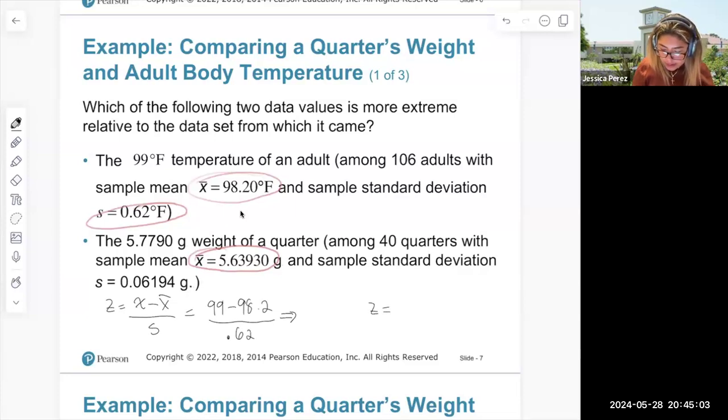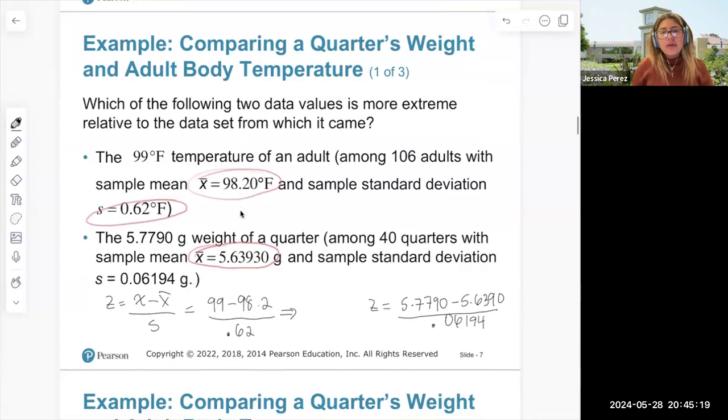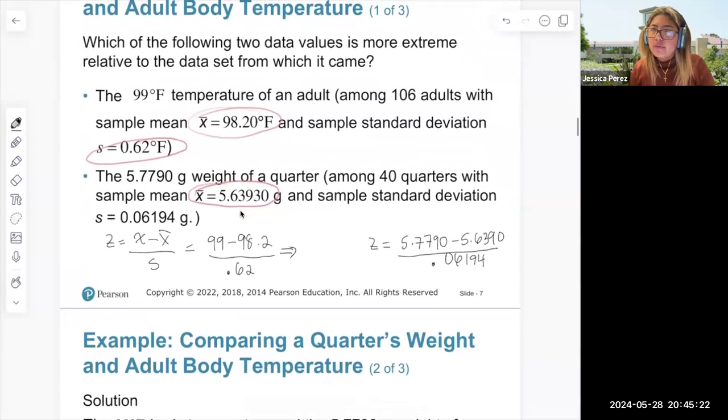The other z-score is 5.7790 minus 5.639, all over our standard deviation, which is 0.06194. We're going to be calculating this using our calculator, of course. So let's plug that in. Let's go back to our calculator.